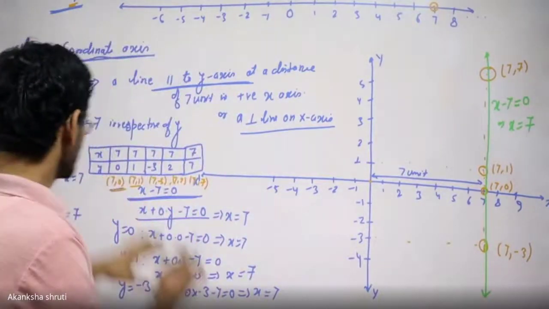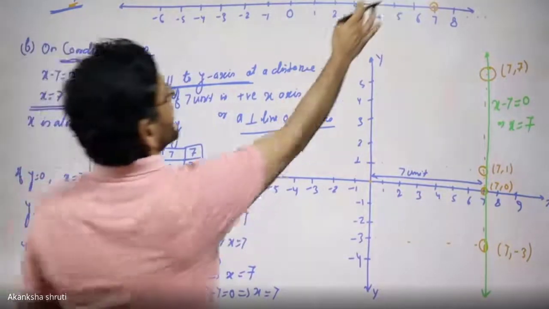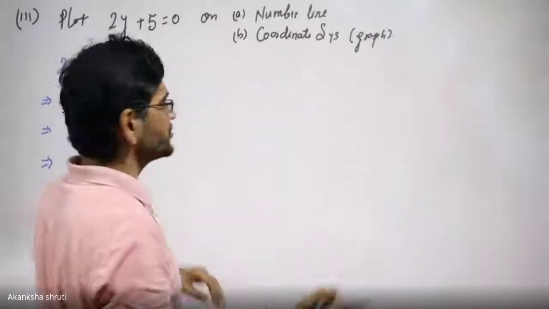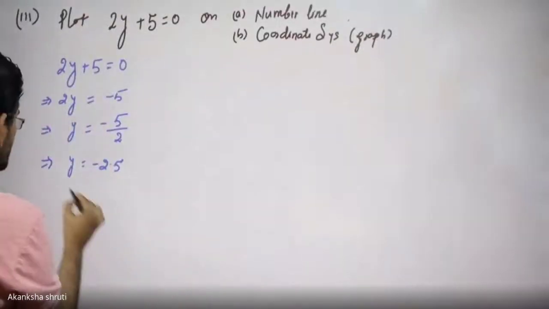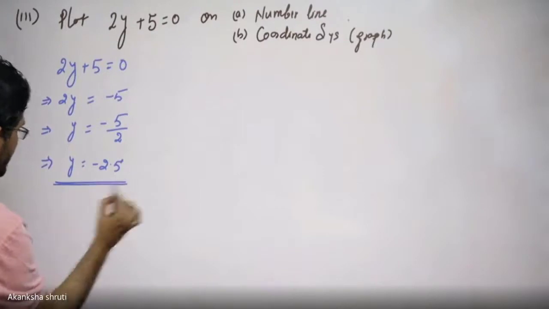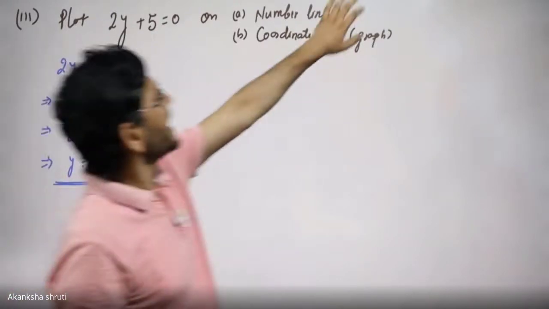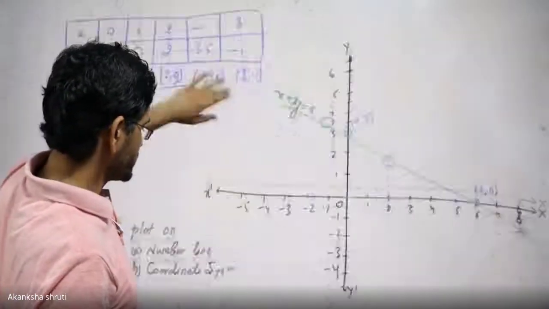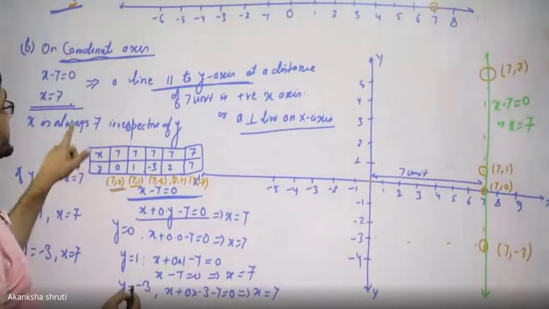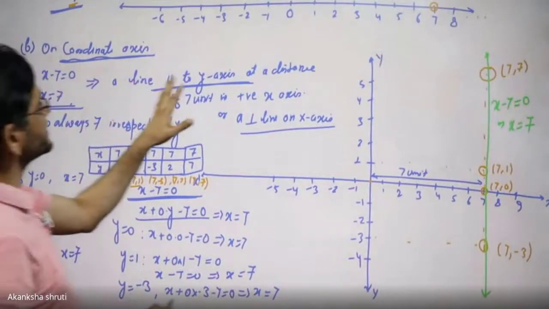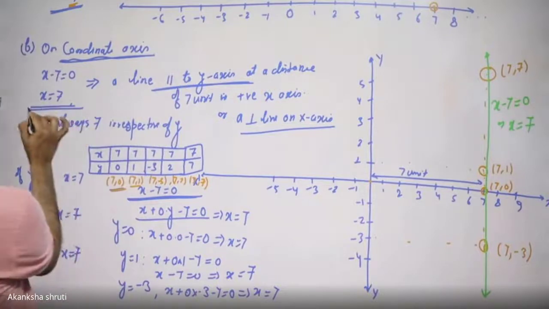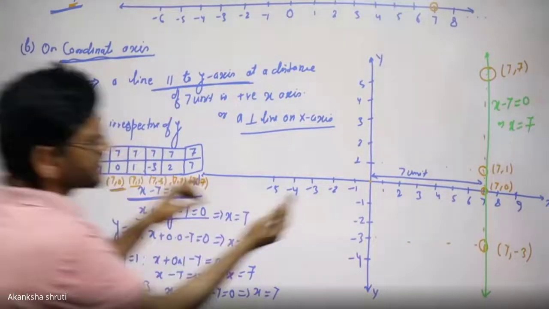Students, so this calculation is not required. Very simple to draw, and just in a minute you can do it. How? Students, you observe it carefully. The conclusion that we have written is that this is representing a line. Here we are getting that x equals 7.